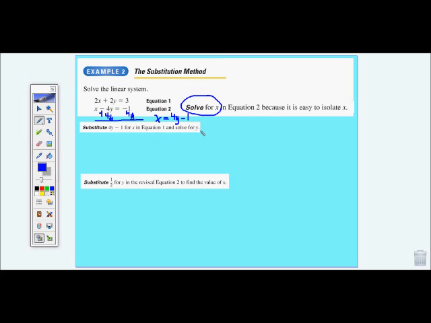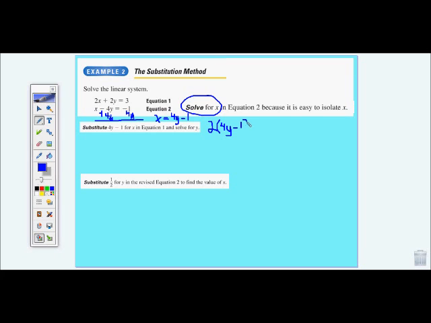So I'm going to go back to equation 1, and I'm going to substitute in my new x. So equation 1, I'm going to say 2, and I'm going to substitute in my new x. Now the reason we're doing this is then in our equation, we will only have one variable.